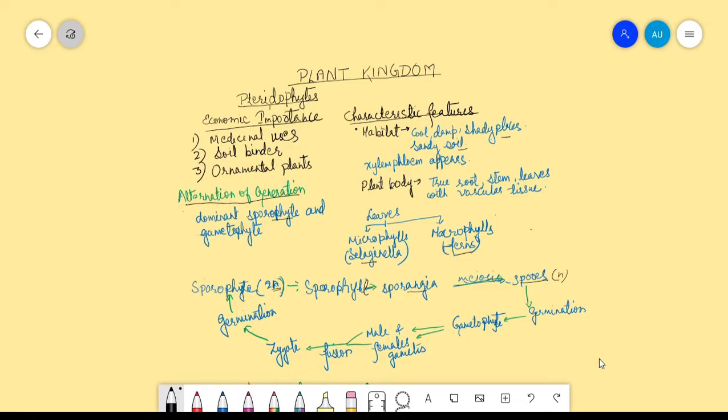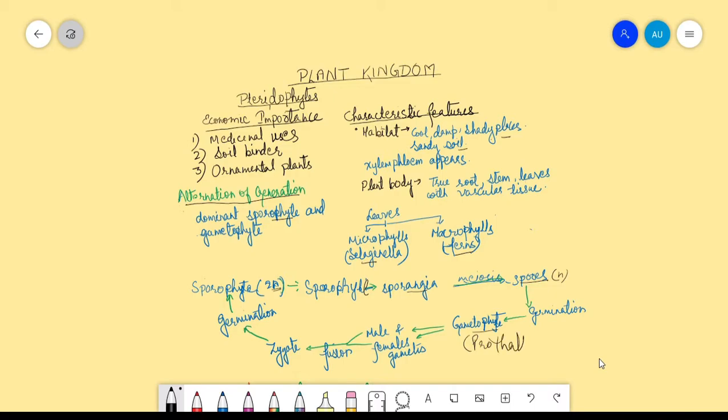Now these spores will undergo germination during favorable conditions and give rise to the gametophyte. This sporophyte is a free living multicellular plant, and this gametophyte is also free living multicellular, but it is a thalloid structure, thallus like, and it is known as prothallus.